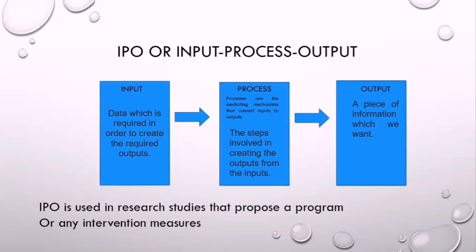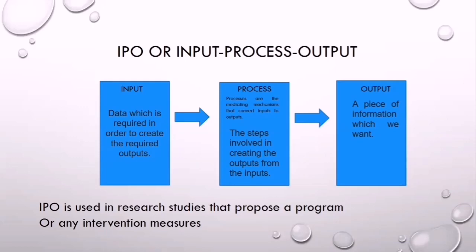Another model is the IPO, or Input-Process-Output model. IPO is used in research studies that propose a program or any intervention measures. This is what you see in the boxes. Under the input, you will see the data which is required in order to create the required outputs.